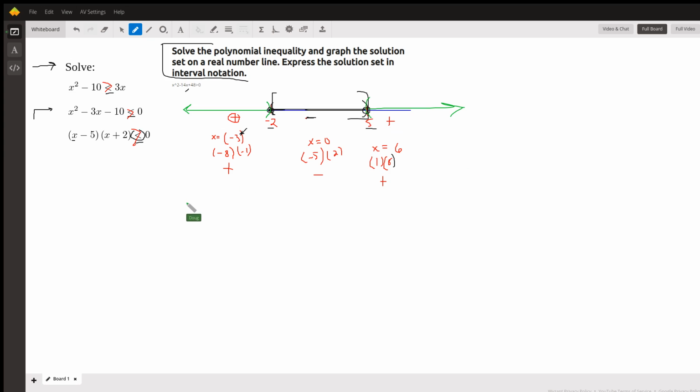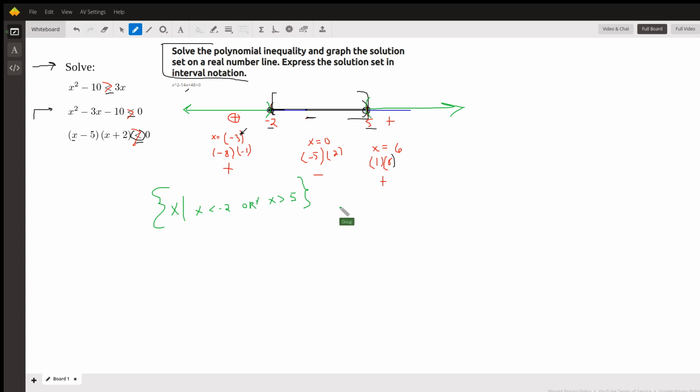Okay, and you could write that solution set, for example, as the set of all numbers x such that x is less than negative 2, or x is greater than 5.